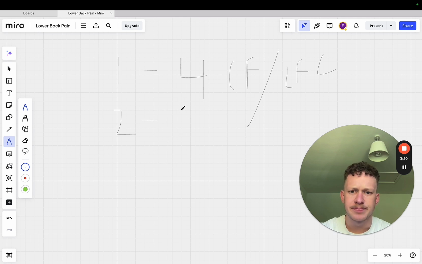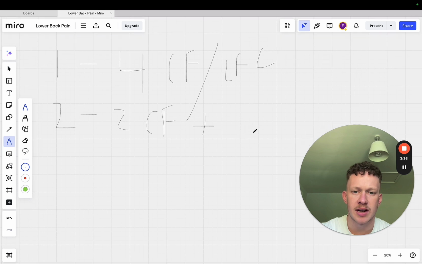Then number 2, let's say they do a bit of CrossFit. So let's just say 2 pure CrossFit sessions a week, and then alongside that they do either gym work or they play some other sports. So let's say they play a bit of football, and then they also train different planes of movement in the gym.